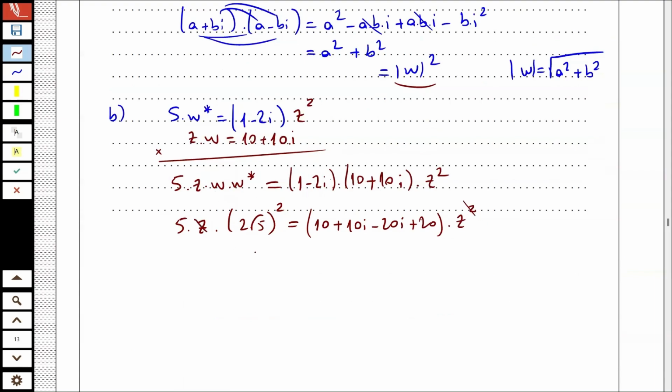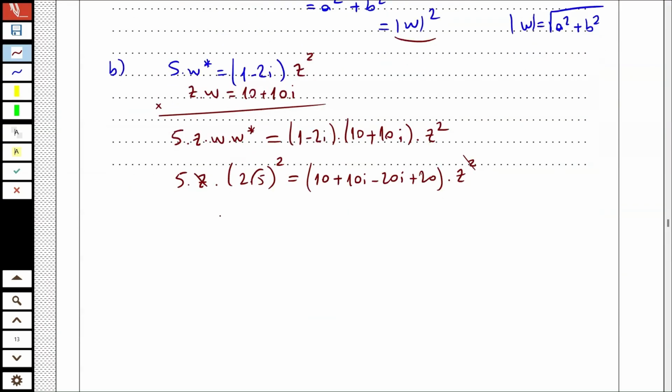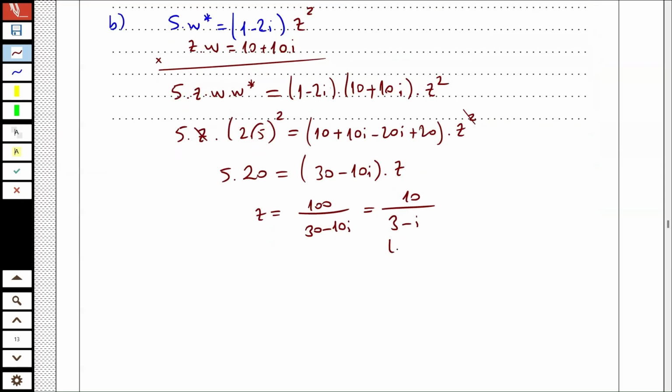And you can cancel one of the Z's. 5 times 20 means, in parentheses, that is 30 minus 10i, and times Z. Z equals 100 over 30 minus 10i, which is 10 over 3 minus i.